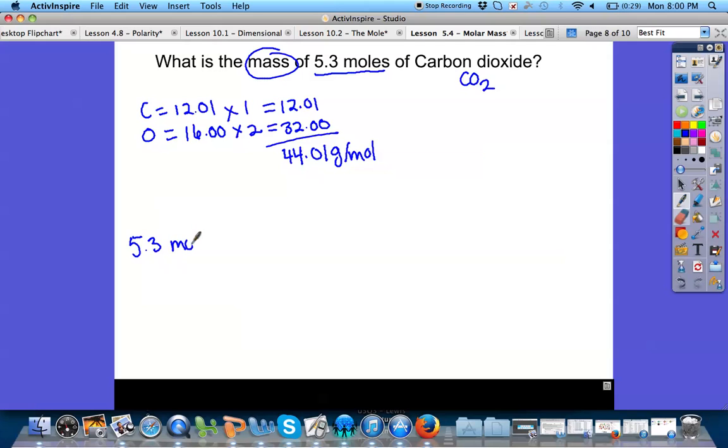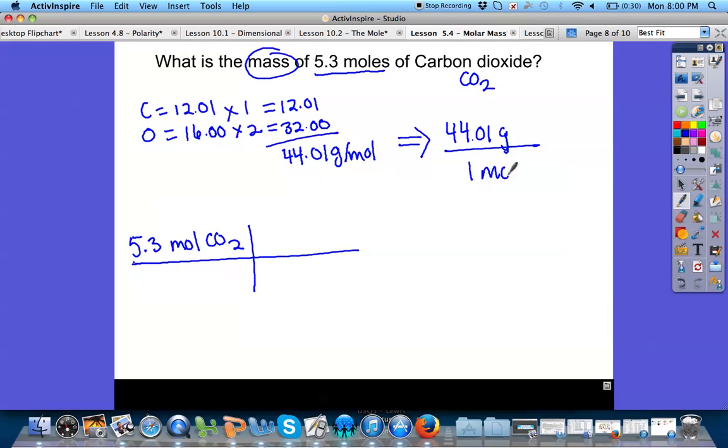Okay, so we're going to start with the 5.3 moles of CO2. And remember, we can write this as our conversion factor of 44.01 grams per mole. Oh, sorry, I meant to write the same thing there. Grams over 1 mole.